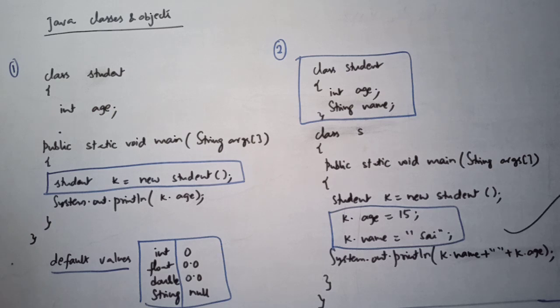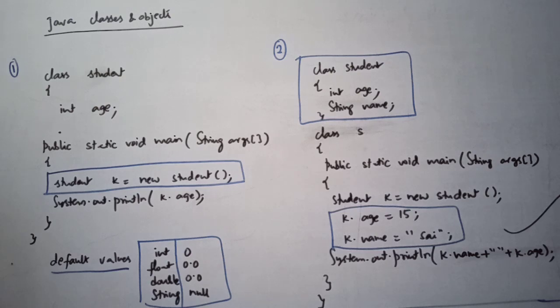If it is float, 0.0. If it is string, the default value is null. So here the class name is Student and we have one variable, that is member data, age.